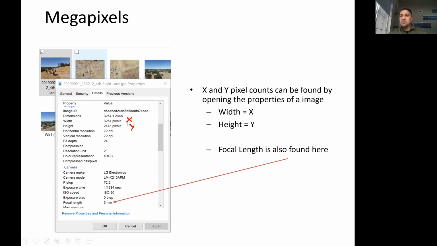The width would be considered the X, the height would be considered the Y. And it's always going to be there because it's part of the camera's metadata. It's built into what happens after the picture gets taken. And you also get focal length and other things like exposure time, f-stop, or aperture, shutter, ISO, etc.